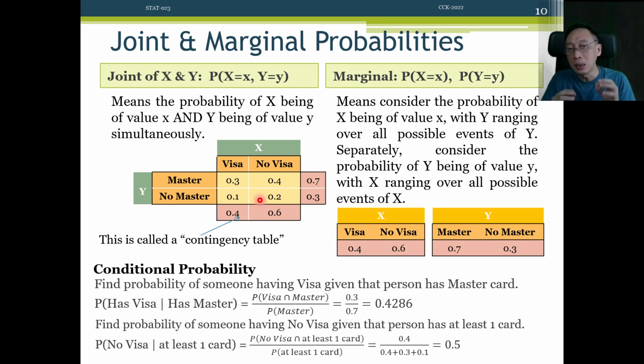So again, this distinction is implied. If you call this a joint probability table, it has to be a population. But if it's not, then the question had better clarify: is it a collection of samples that I'm presenting to you in tabular form? Or am I saying that's it, I've examined all items in the population that I'm interested in? So the question will have to clarify otherwise. Clear? All right. So that is how the communication is being done.